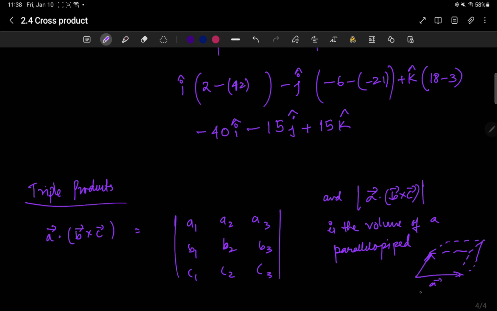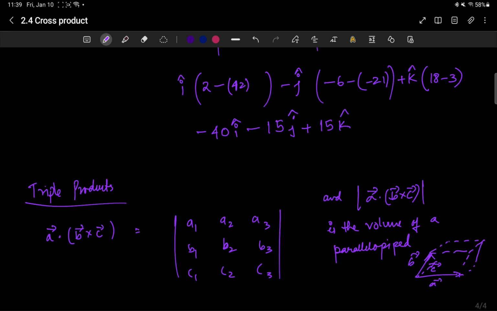So if you have vector A, a vector B, and a vector C, then this magnitude here represents the volume of a parallelepiped. So sort of we can see the relation here. When we had the cross product, it was the area of a parallelogram. And when we have a triple product, it's the volume of a parallelepiped. So that brings us to the end of cross product.